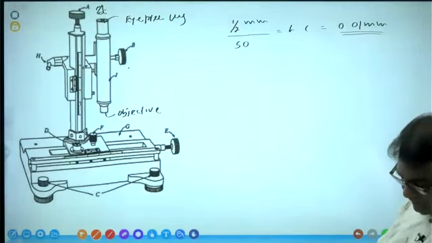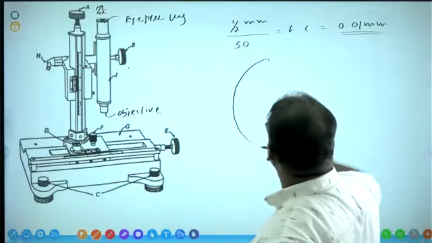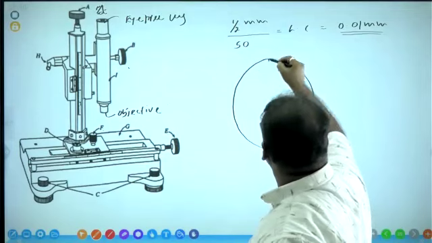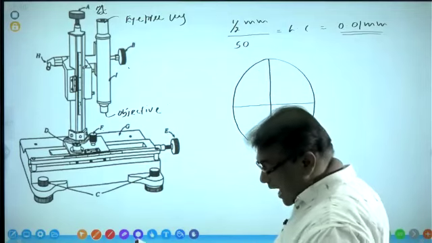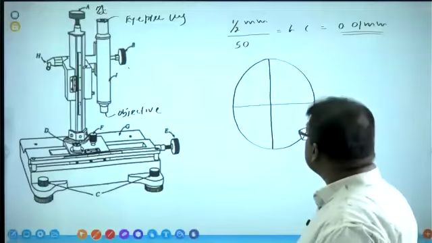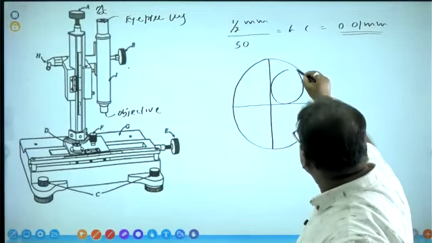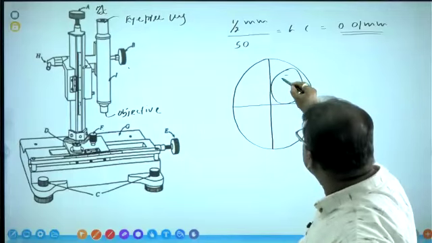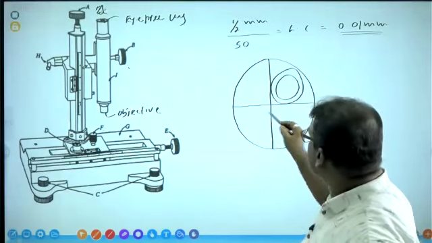D, Roman 2. After performing this adjustment, draw the image seen when we look through the eyepiece on the circle to the right. Then we can clearly see the crosswire and the corresponding image. If you are looking at the external diameter of a capillary tube, we can see it like this, or here, or here.